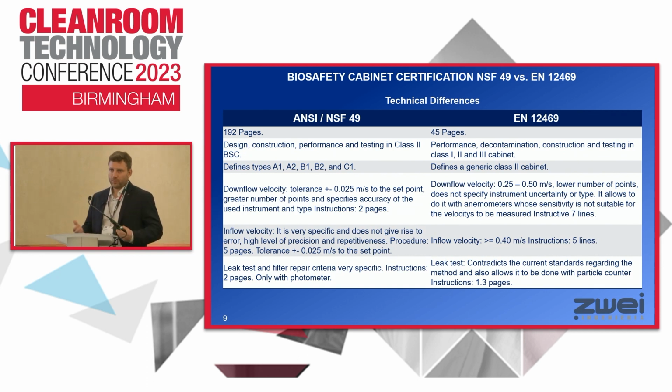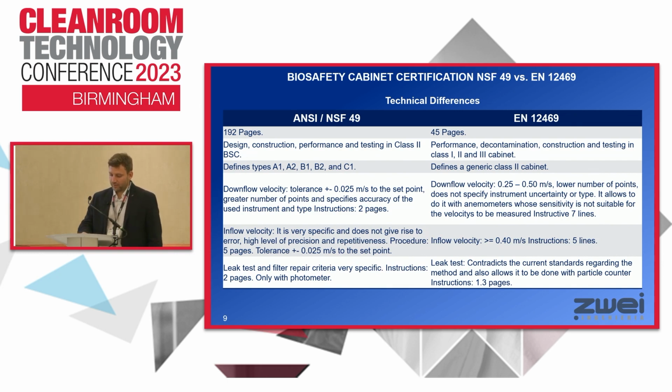Technical comparison of both standards. NSF has 192 pages that include design, construction, decontamination, performance, and testing in only Class 2 biosafety cabinets. EN has 45 pages that include the same things, but for Class 1, 2, and 3 cabinets. NSF defines the well-known A1, A2, B1, B2, and C1 types of biosafety cabinets.